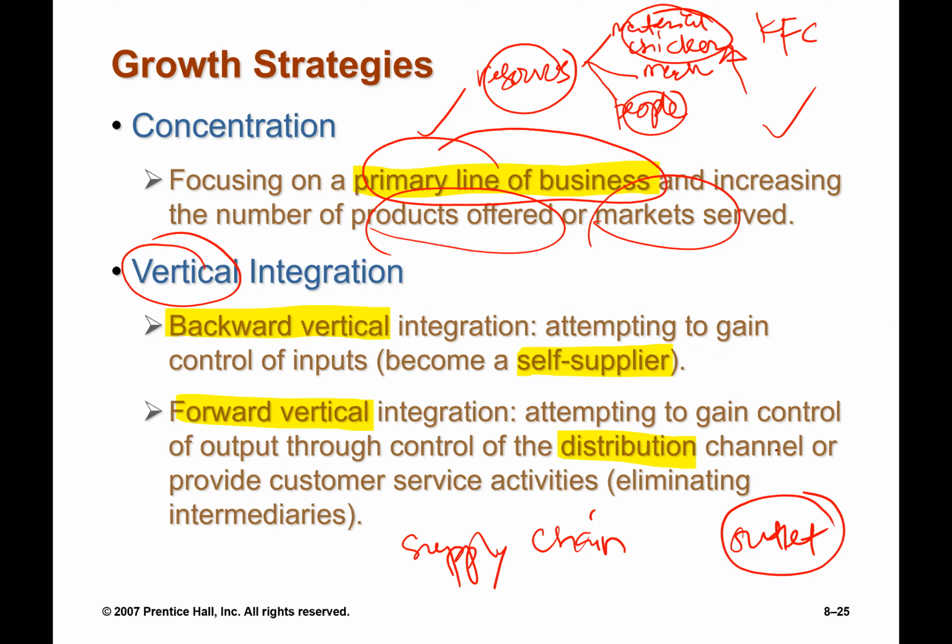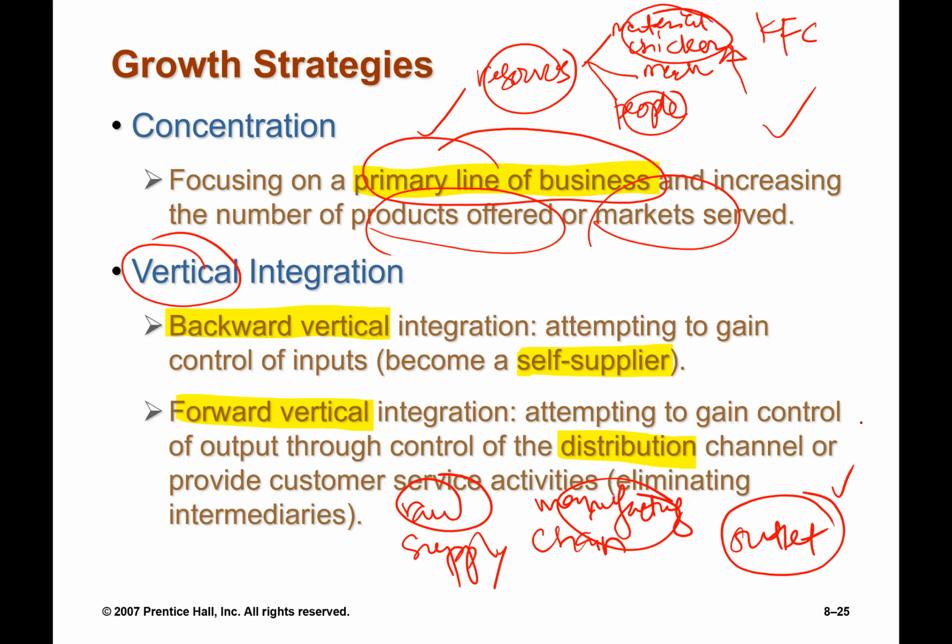But if the company wants to control everything, they should control from the raw material, the manufacturing, and then the outlet. But in the case of KFC, I think KFC do not own the outlet. Normally, they will rent the outlet from the building owner and whatnot.